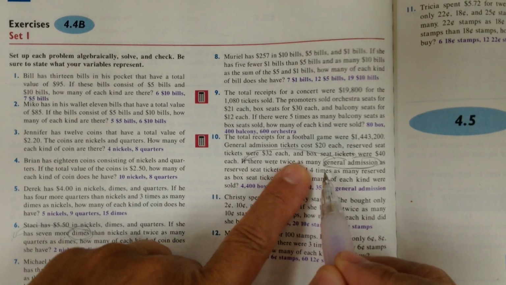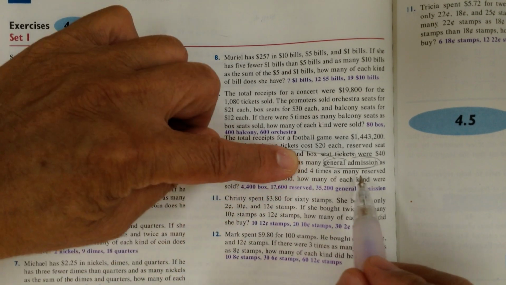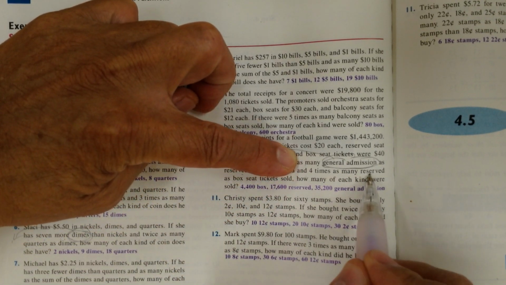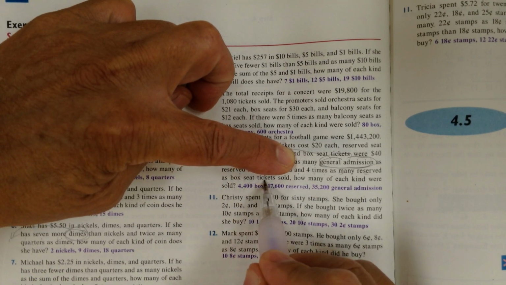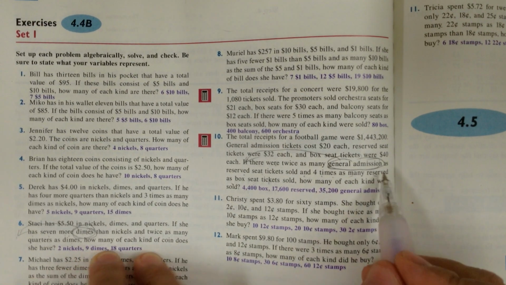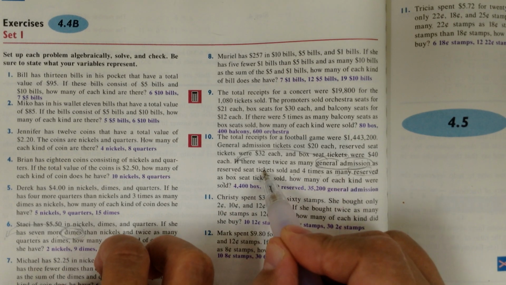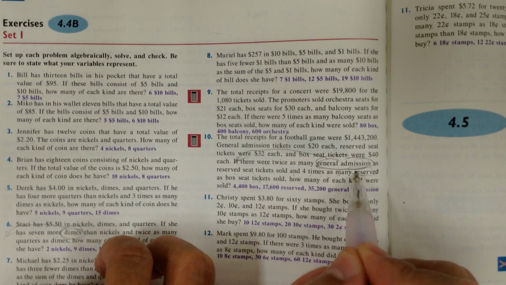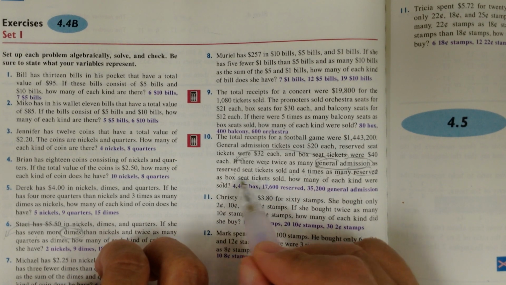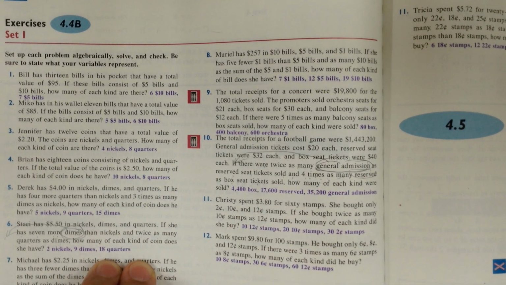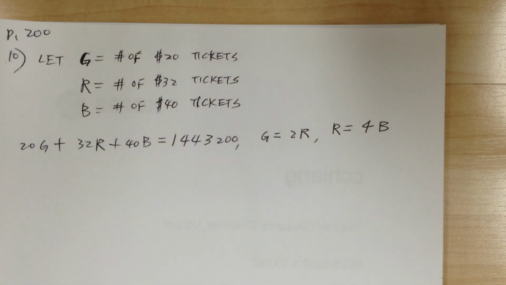And also, reserve is 4 times as many as box seat tickets. So you move the first item to the beginning, and that is your variable. So R equals 4 times as many as box seat tickets. That's how you translate when you have that kind of wording.